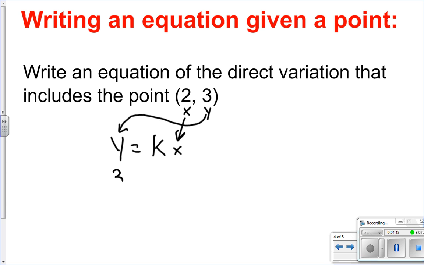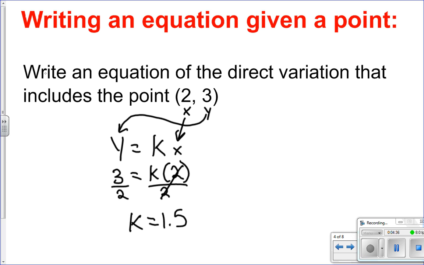So I get 3 equals k times 2. I want to find out my constant of variation, the letter k, so I'm going to divide both sides by 2. Then I get that k equals 1.5, or 3/2.